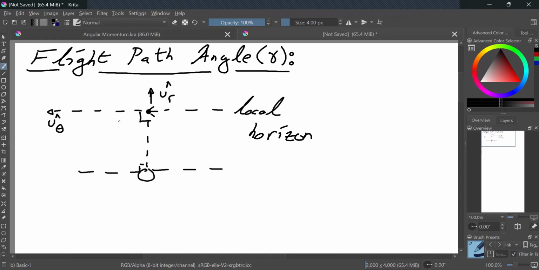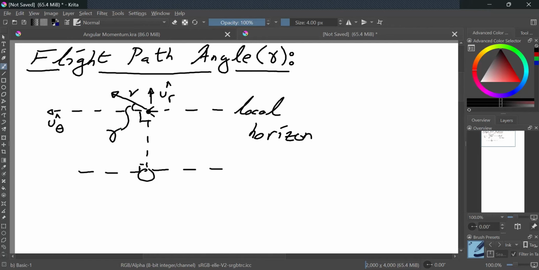You will see it in an elliptical orbit, where half the time it is moving away from the host body, and half the time it is moving closer to it. This angle in here is our flight path angle.